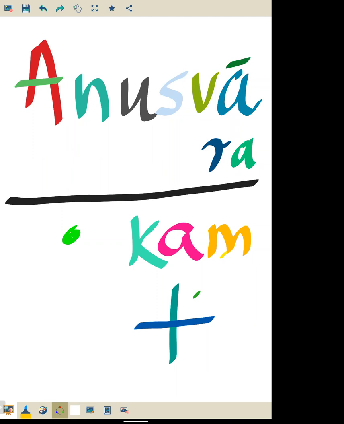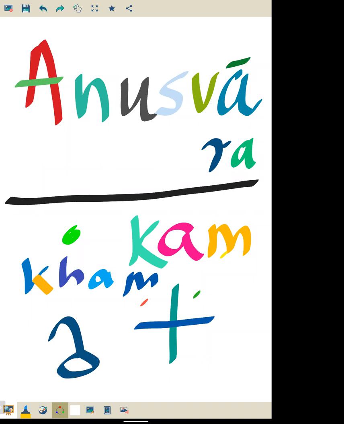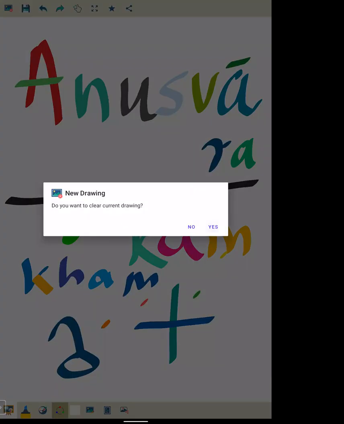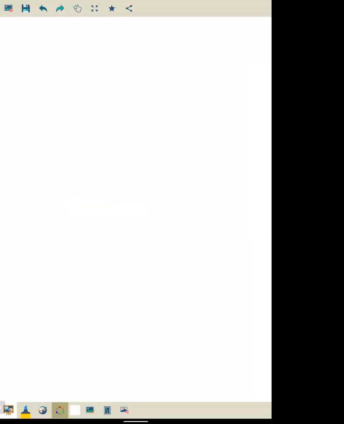Suppose we say "kham": kha, and maybe the Anuswara is a little distance here, you see. So we can see the position of the Anuswara, and sometimes, as we can see in the Lumbini Game, the Anuswara is like this. Here also, sometimes on the top, in the middle, in the lower part.